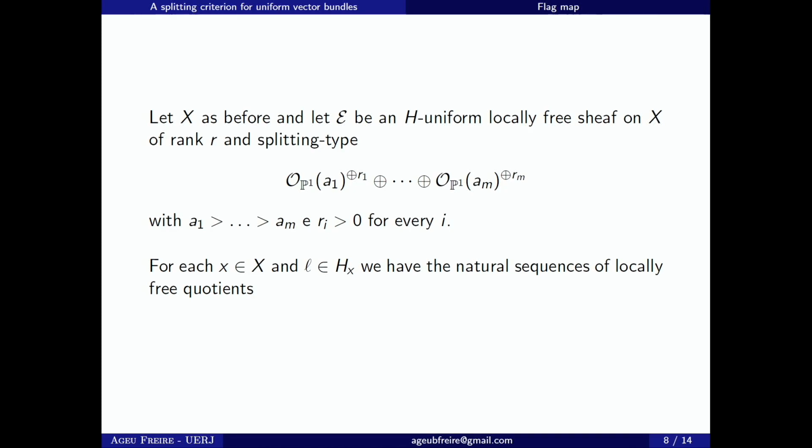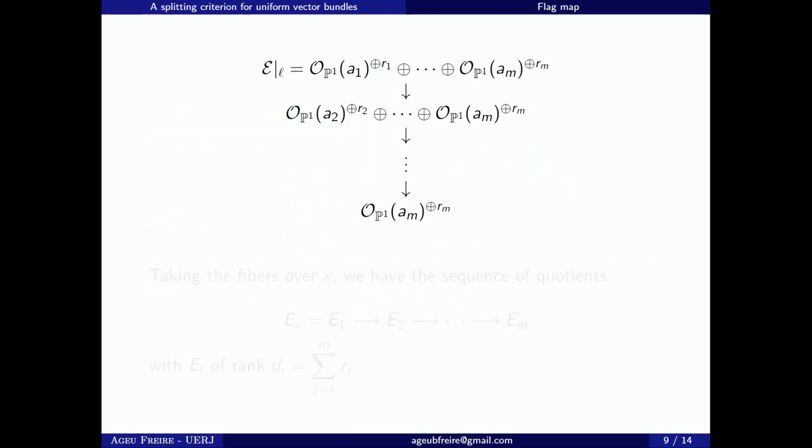By the splitting type here, we have a natural sequence of locally free quotients like this. Since we are assuming a1 is greater than the others, we have the first natural quotient here. This is when we forget this part here. This is true just because a1 is greater than the others.